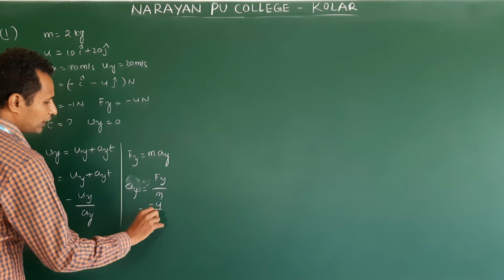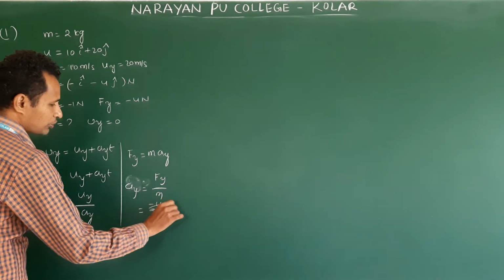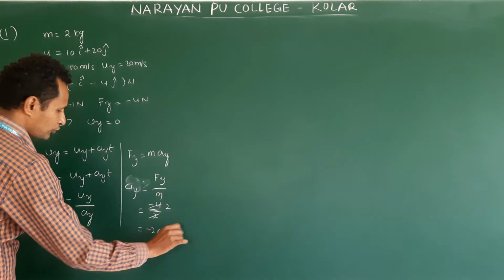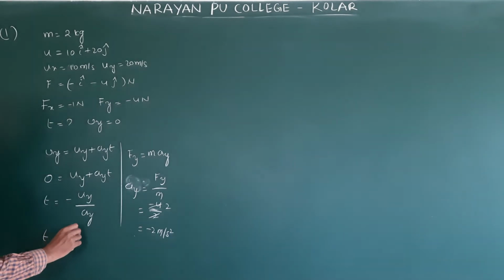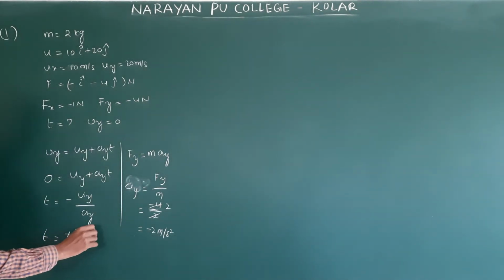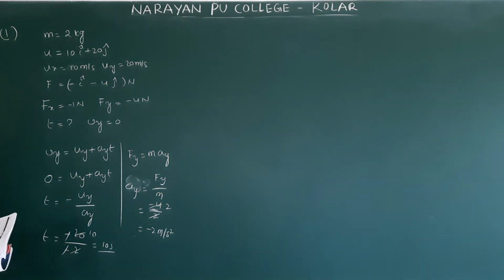Minus 4. What is the mass? 2. So this is minus 2 meter per second square. Substitute here. T is equal to minus 20 by minus 2. Minus minus cancel. How many seconds? 10 seconds.